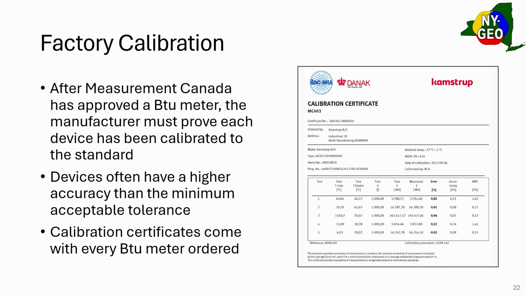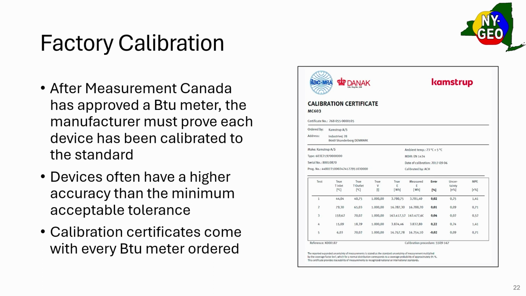We're going to talk about Measurement Canada because this is the most recent approval, and NIST doesn't really have anything. When you buy a Measurement Canada approved BTU meter, it comes with a factory calibration certificate.